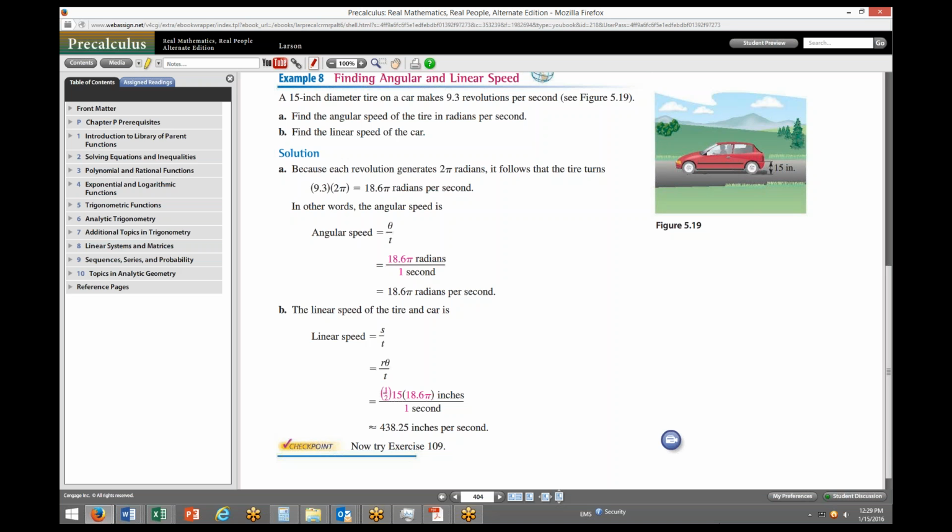So for instance, the angular speed that we arrived at up here in part A of this example, 18.6 pi, that's actually an exact number of radians per second. It's not rounded off, 18.6 pi. But as soon as you convert pi into its decimal equivalent, 3.14159 forever, then all of a sudden you have a decimal number that needs rounding. But if it doesn't tell you anything about rounding, that could be an indication they want you to input your answer just with pi in it, or just as a fraction, for instance.